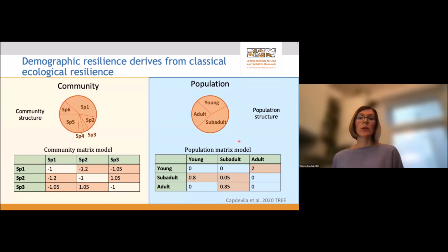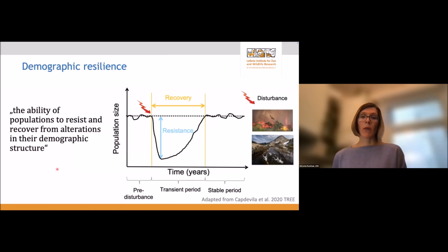Similarly, in a population matrix model, as I have already mentioned, the cell reflects the transition probabilities from a stage or age class in the column to the one in the row. Demographic resilience is defined as the ability of populations to resist and recover from alterations in their demographic structure.